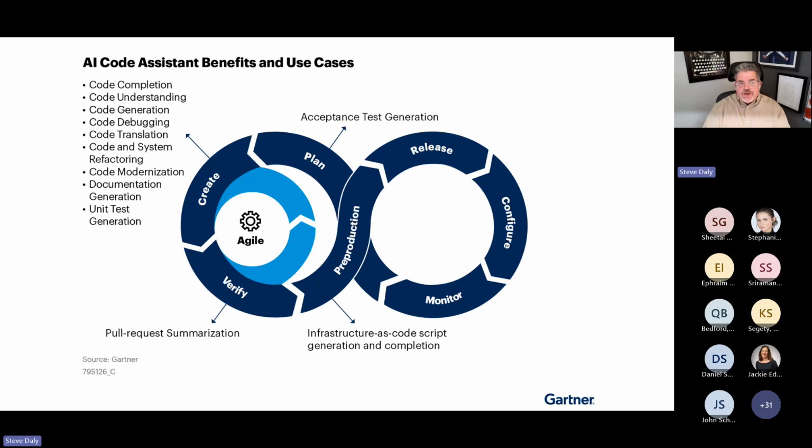One of our favorite use cases for a tool like GitHub Copilot is unit test generation, because it can look at the code that's been written and write a unit test to match it. That increases your code coverage, helps with regression issues, and ultimately drives client success, whether it's an internal or external product.